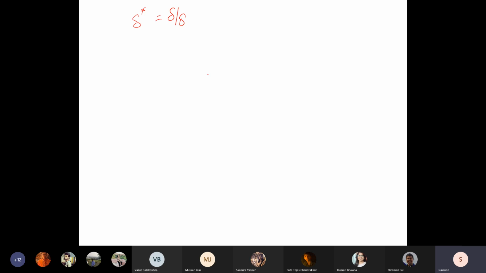We have just done this in the previous problem, since delta by 8. So we know the expression for delta star: from 0 to 1, 1 minus small u by capital U times d eta, and we use the 1/7 power law once again. This is becoming a nuisance, but anyway.